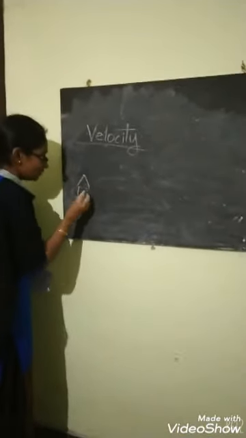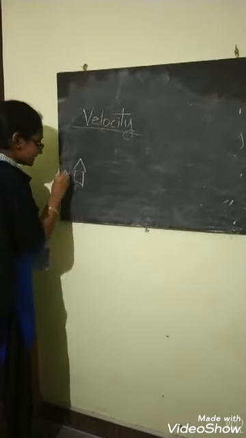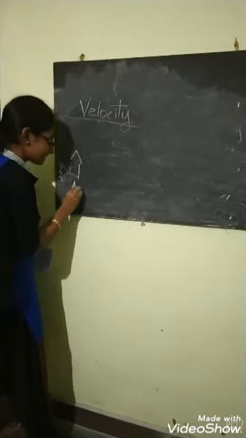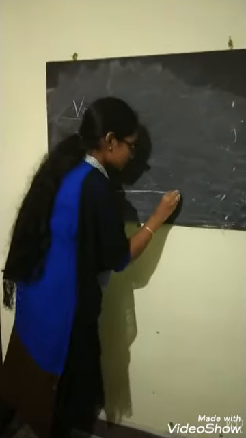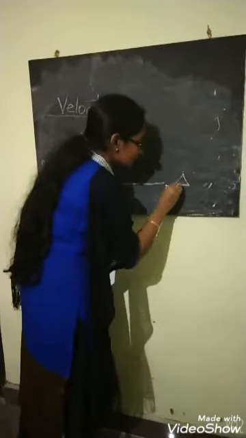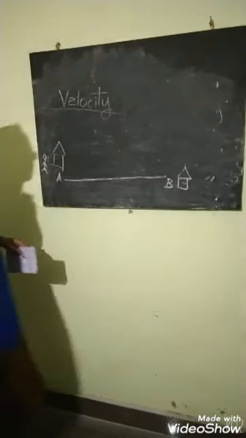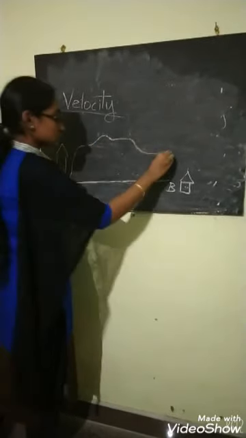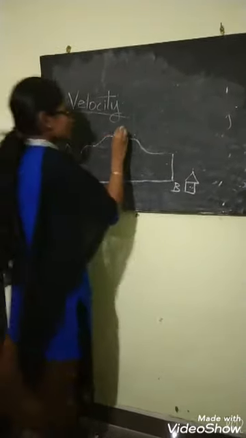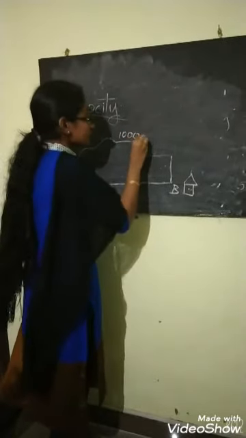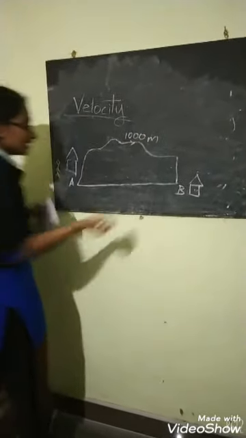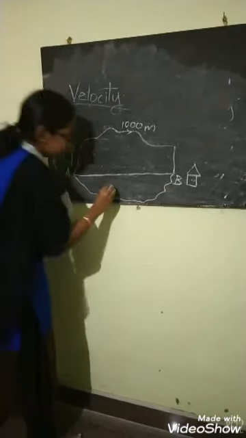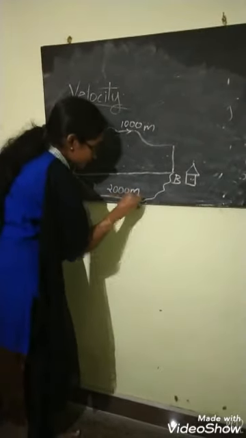Here a person is traveling from this point A to this point B, where his office is. He travels a distance of 1000 meter in this direction, and when he goes back to his home, he travels 2000 meter back.